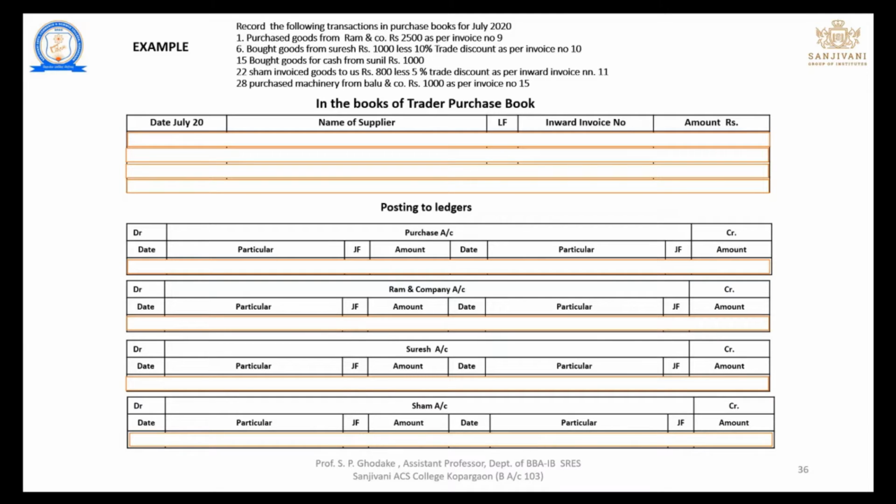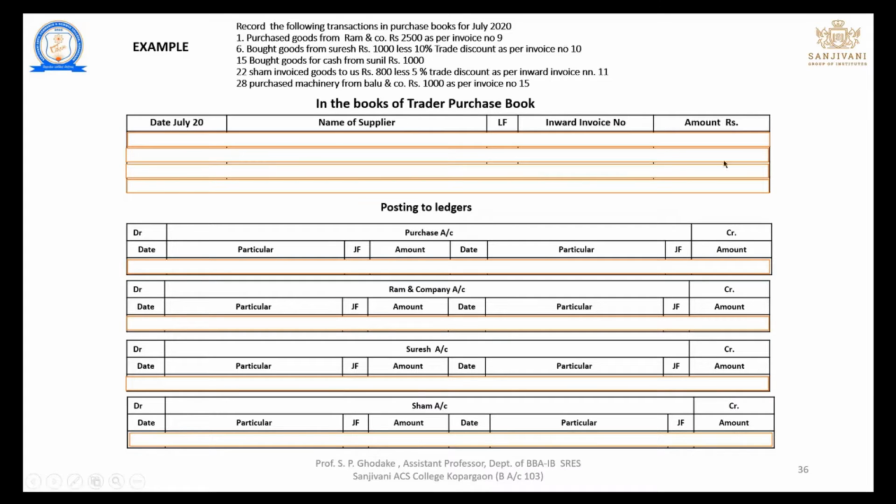So we need to identify the parties that are going to be recorded in the purchase book. All the credit purchases are recorded in it, and all the cash purchases are not recorded. So we'll start with the solution of this numerical.